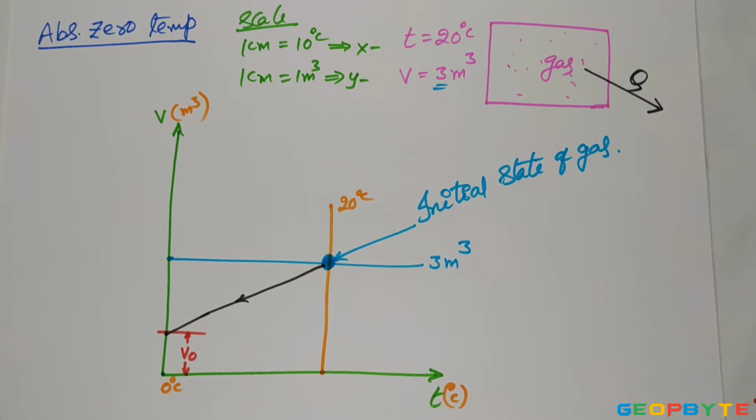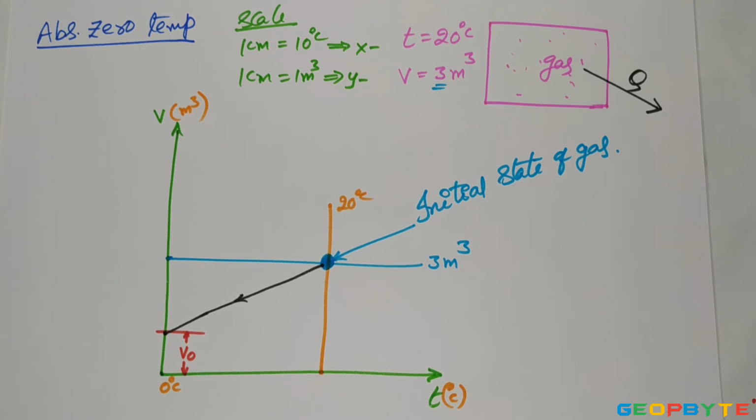So 5 minus 2 is 3 meter cube is the volume available for the teacher who can comfortably roam here and there. So that 3 meter cube volume is the volume occupied by the teacher while he is freely roaming. Similarly, V naught be the volume occupied by the gas due to free motion at 0 degree centigrade.